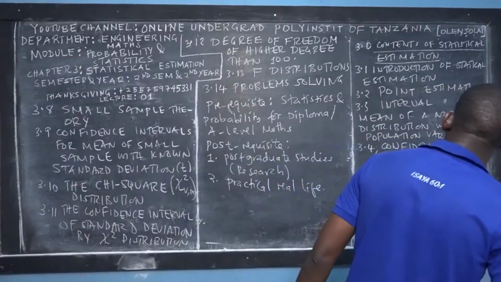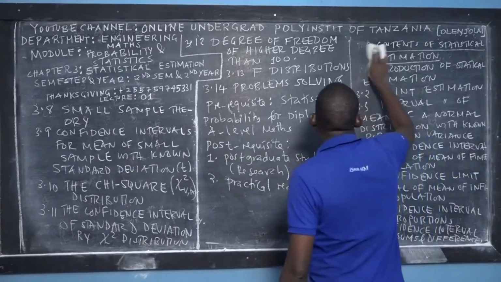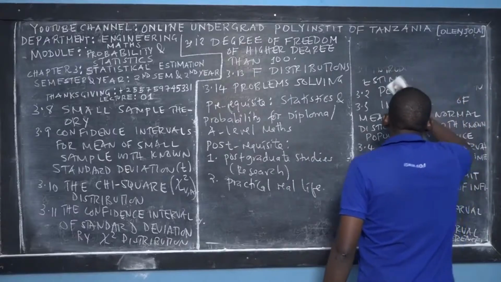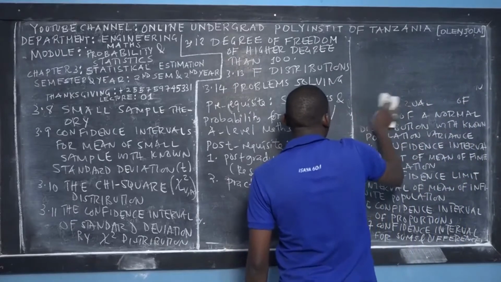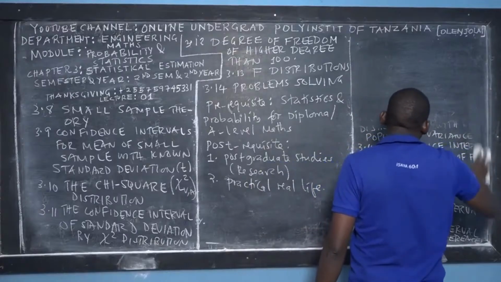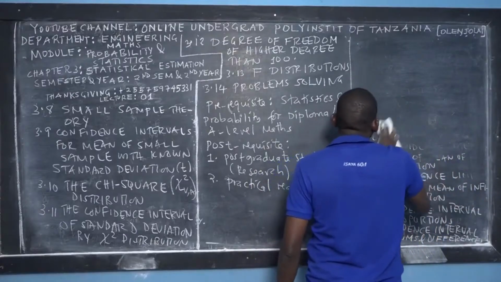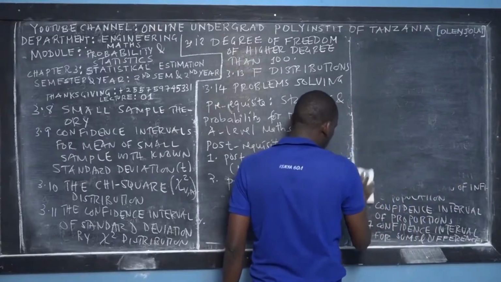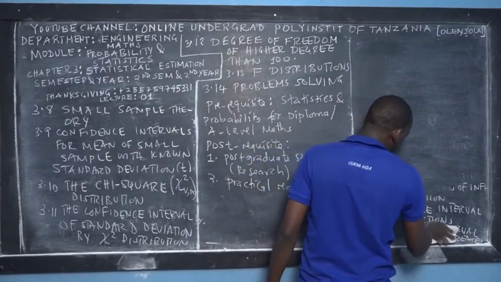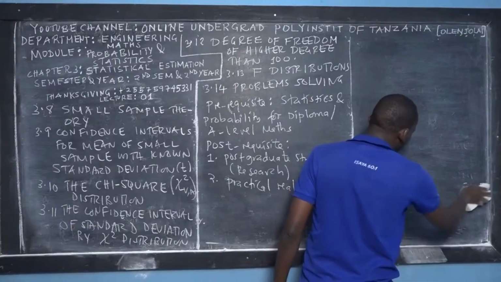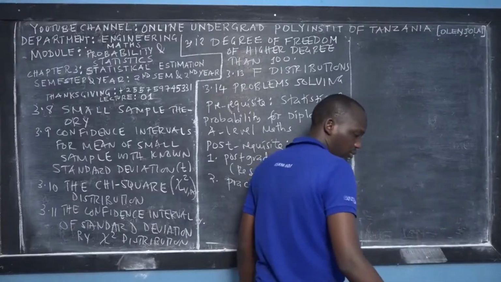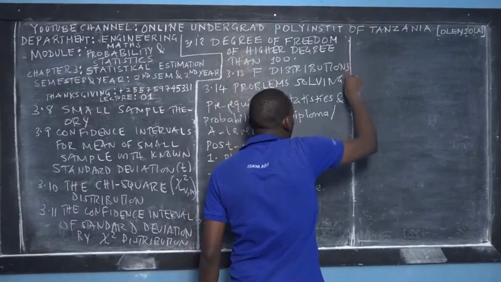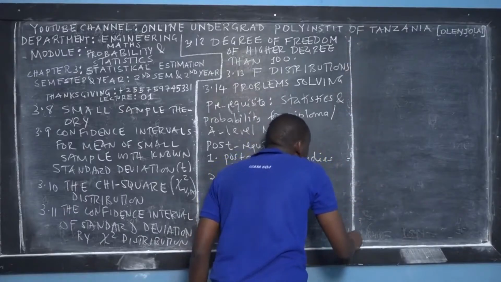So now, let us start our module, probability and statistics, and we'll be starting with the first concept which I've mentioned to you. We say that introduction of statistical estimation.